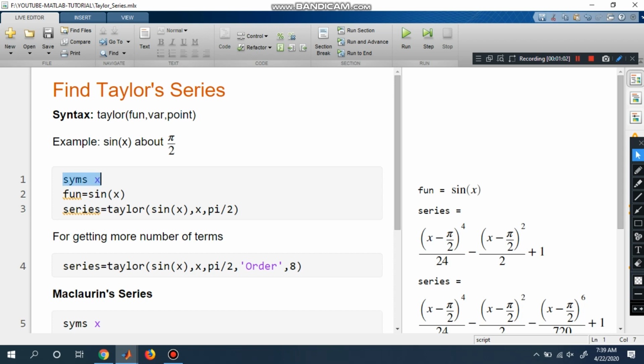For that we use the syntax SYMS x, function sin x. Now, the Taylor series expansion syntax is TAYLOR, the function sin x, variable x and pi by 2.